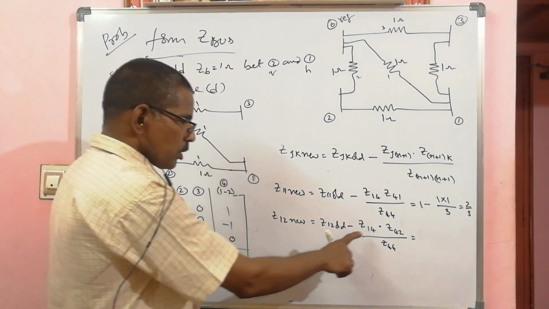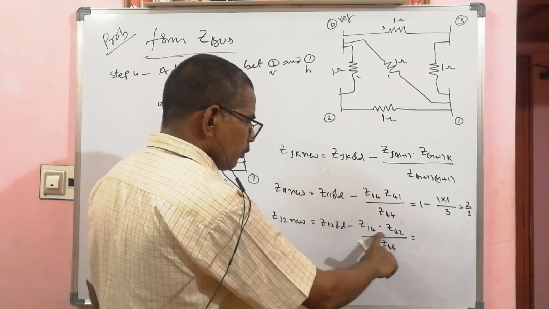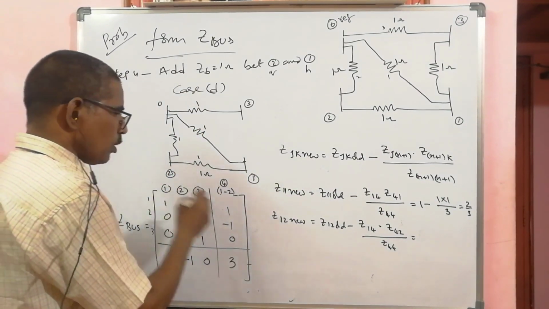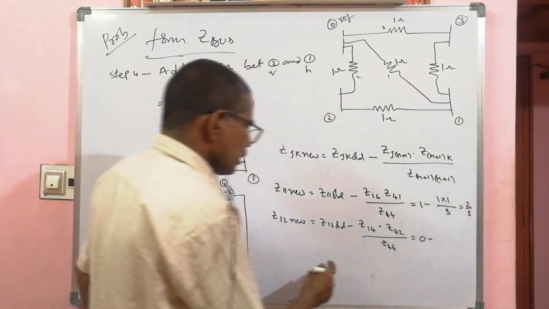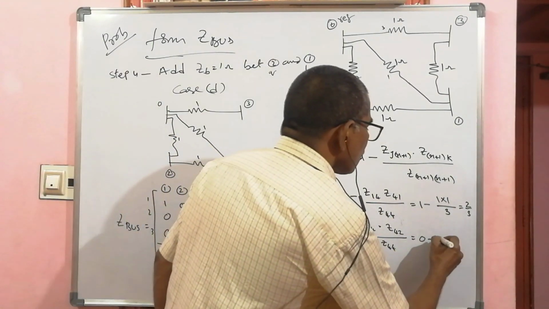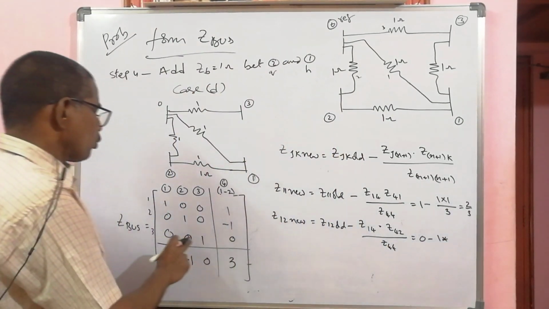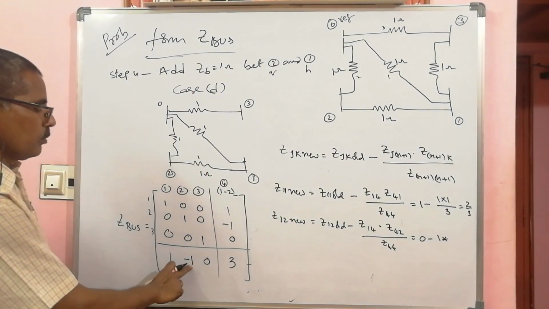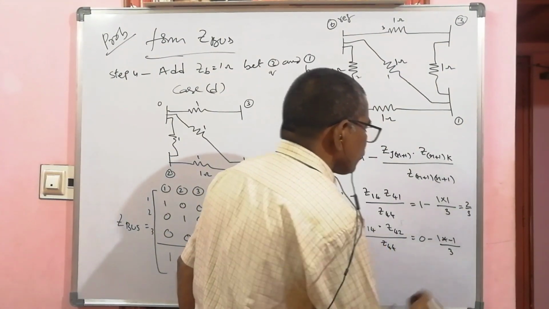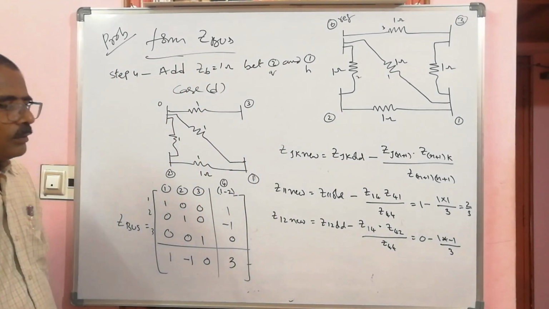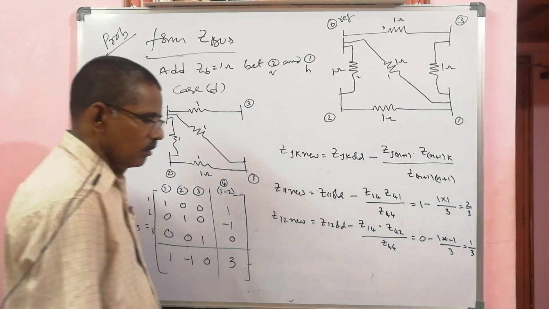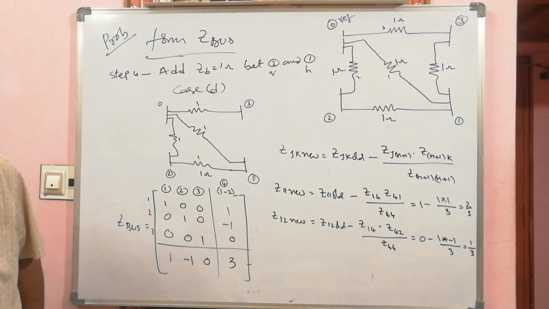Okay, Z12 means you get Z1, Z2 in between 4, 4. So this is Z44. So Z12 old is 0 minus Z14, which is 1, into Z42, which is 1, divided by 3, which is 1 by 3. Okay, Z12 is 1 by 3.